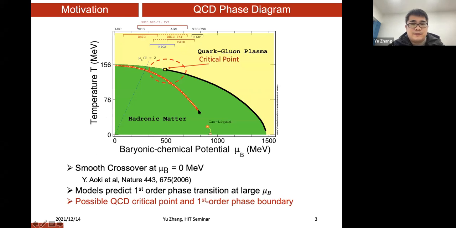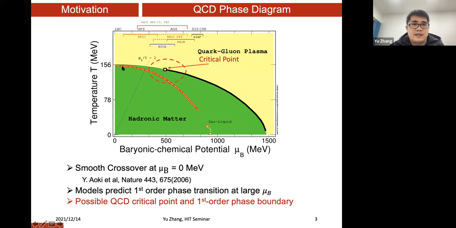So, the motivation part. One important thing in heavy-ion physics is to explore the structure of the QCD phase diagram. The phase diagram is displayed in terms of temperature and baryon chemical potential. There are two phases in this diagram. One is the hadronic phase, while the other is the quark-gluon plasma phase.